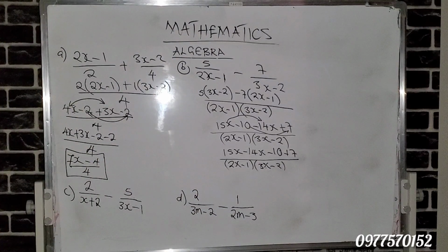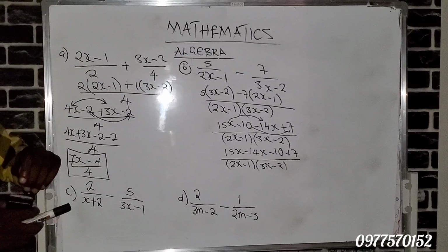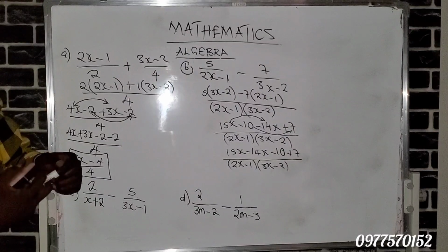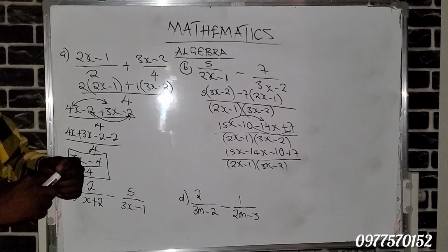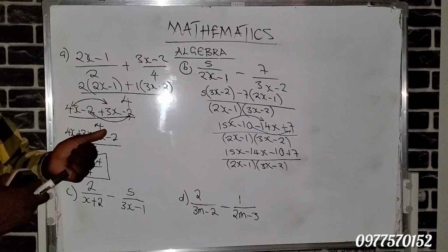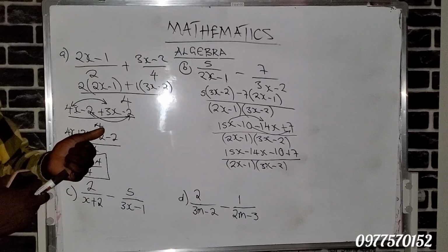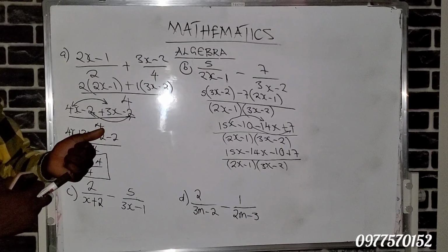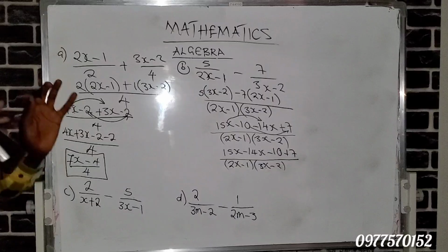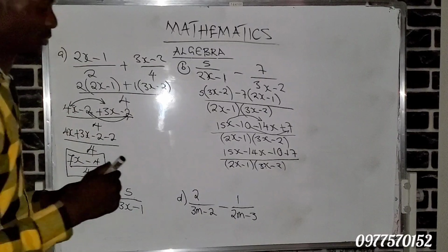Now, listen. After grouping them together, if you didn't understand the first lesson, the introduction to mathematics, negative, positive, how to add negative, how to subtract negative, this would have been difficult to understand, right? Yes. Very good.